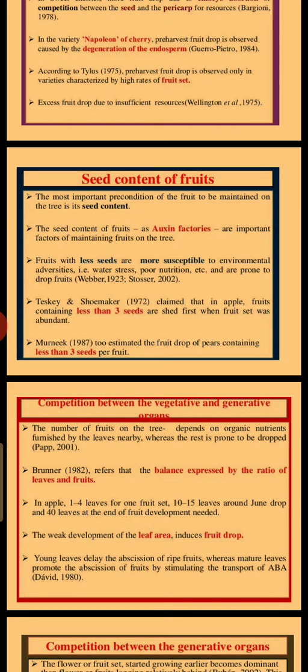In the case of exogenous application, growth hormones like auxins and gibberellic acid are more responsible than others. It has been observed in mango that if you use 20 ppm to 80 ppm of exogenous NAA, minimum fruit drop occurs.